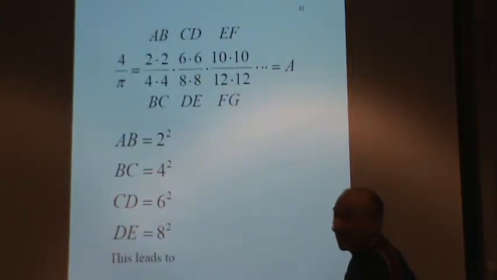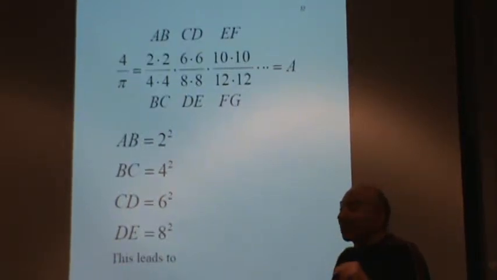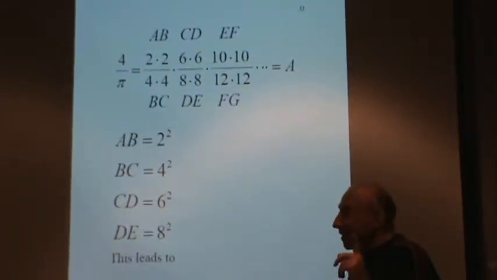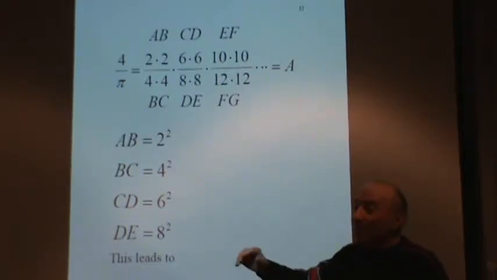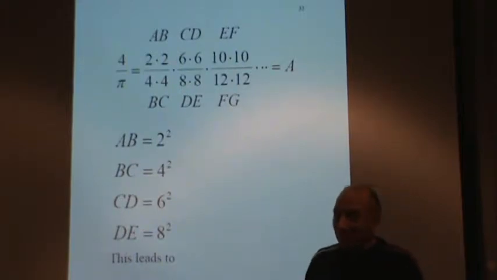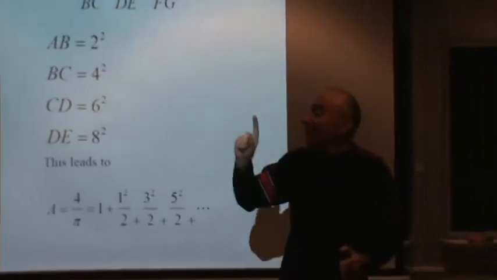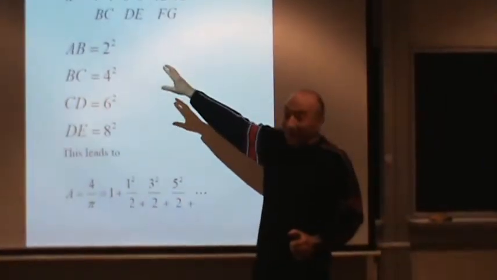So you can start with anything for A, and then you get B, C. However, as Euler puts it, there's only one A that satisfies the principle of uniformity, whatever that means. He never explains what it means. That satisfies the principle of uniformity, and that's the one that gives you the 4 over pi.